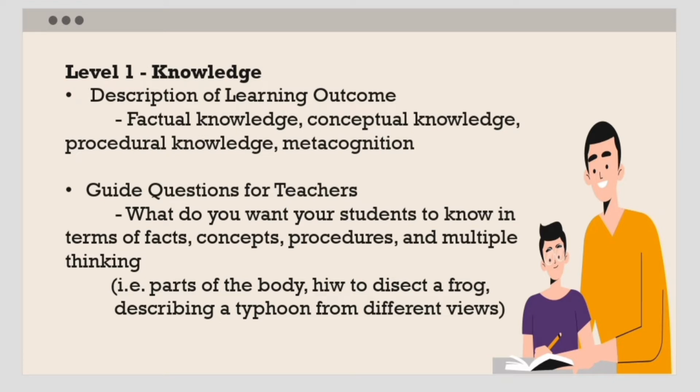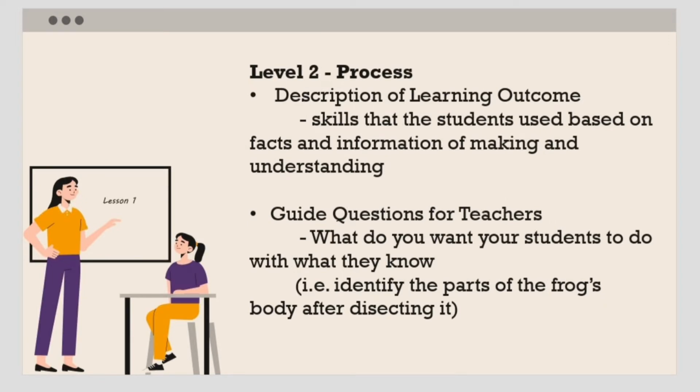So level 2, we have the process. When we assess process, we take a look at the skills that the students used based on the facts and information to make an understanding.